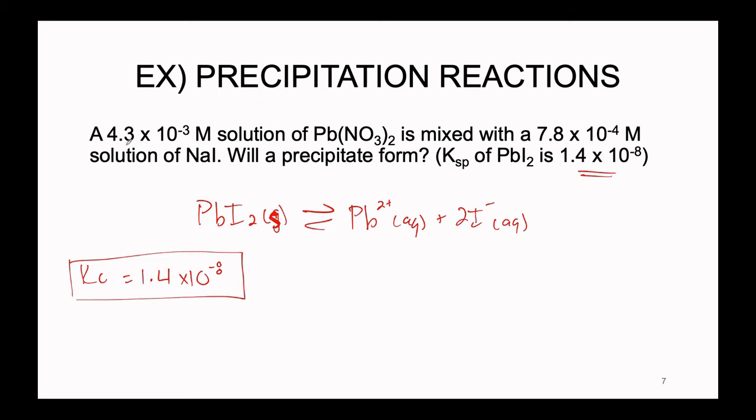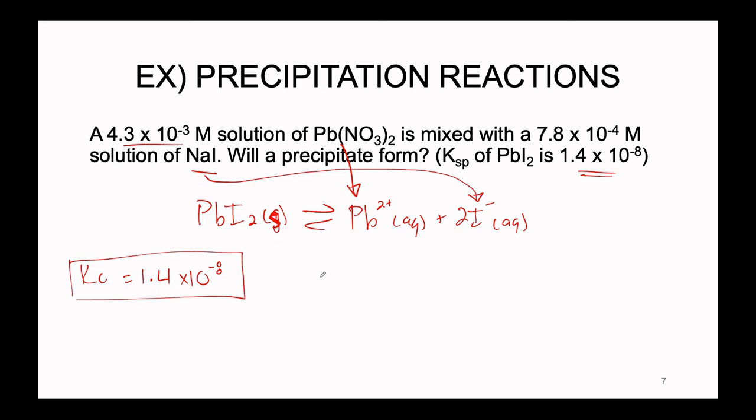Now what we are mixing together is a 4.3 times 10 to the negative third molar solution of lead nitrate. So this is going to give us our lead concentration here. And it is mixed with a 7.8 times 10 to the negative 4 molar solution of sodium iodide. This is going to give us our iodide concentration here. The question is, will a precipitate form?